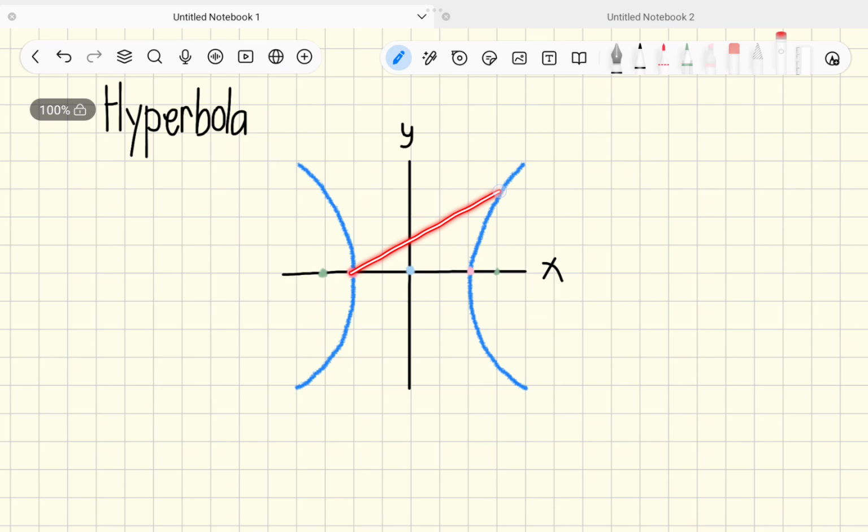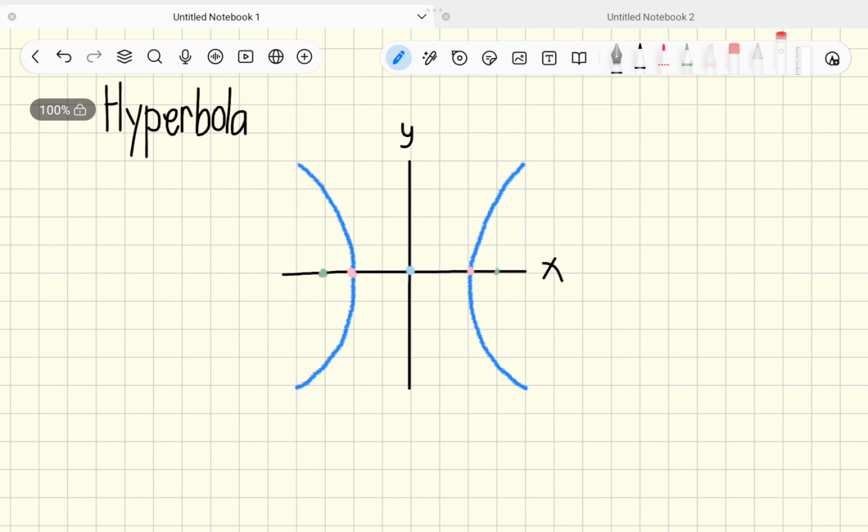The distance from, for instance, this focus to this point and from this point to the vertex.